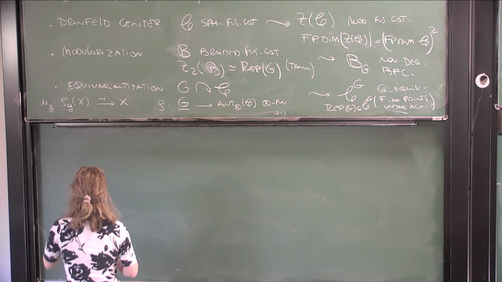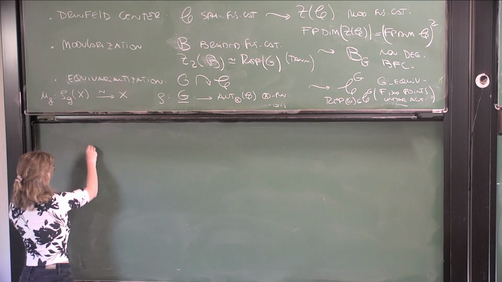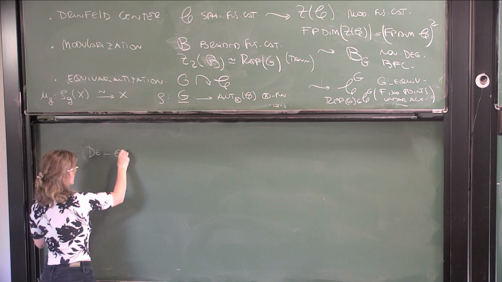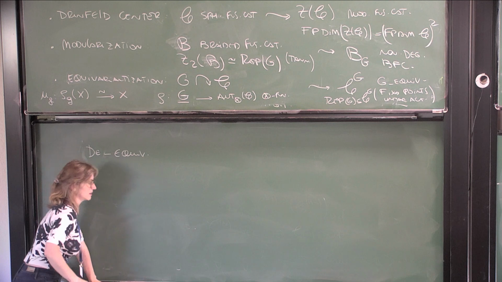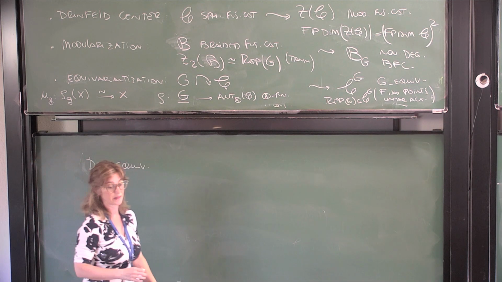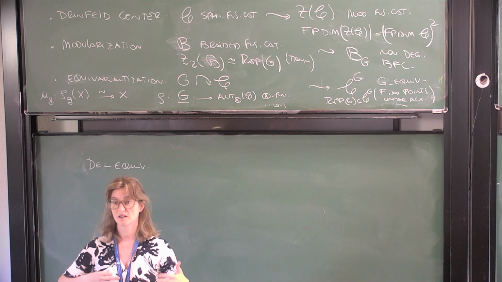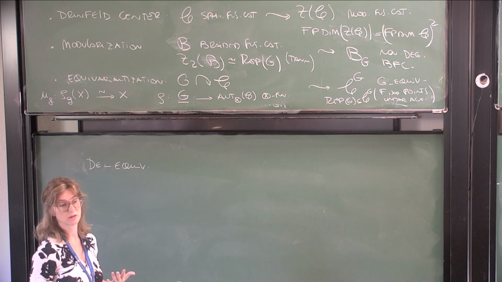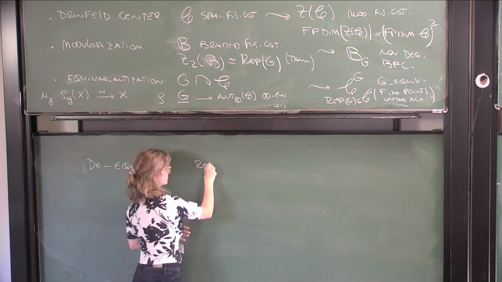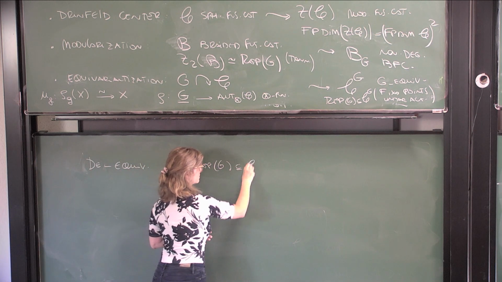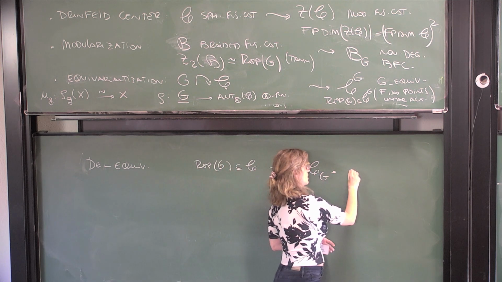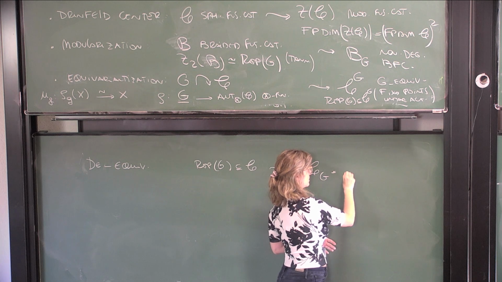So actually there is an inverse construction which is called de-equivariantization. And it's again related to this idea that I said in the modularization. And these are inverse constructions. So you have Rep(G) inside the category. Then you can take here this, which will be, maybe I will write this.